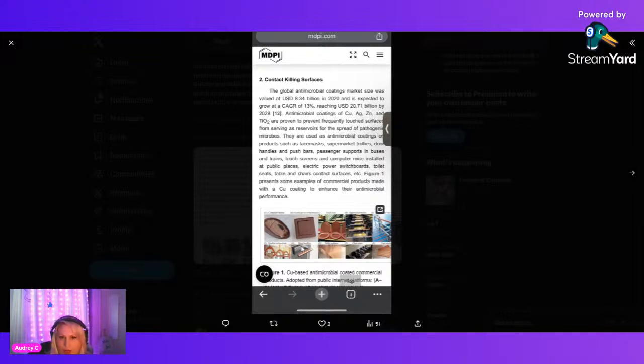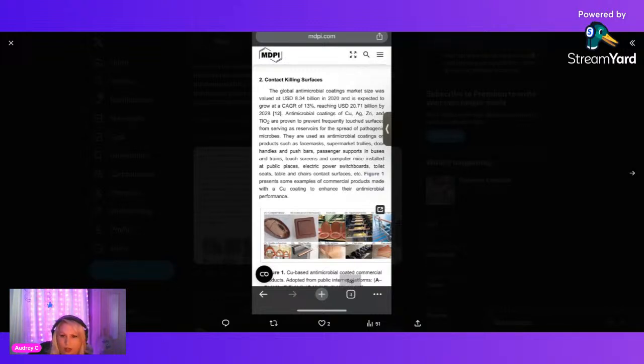And so manufacturers are coating anything from face masks, supermarket trolleys, door handles, push bars, passenger supports in buses and trains, touch screens, and computer mice installed at public places, electronic power switchboards, toilet seats, tables, chairs, contact surfaces.